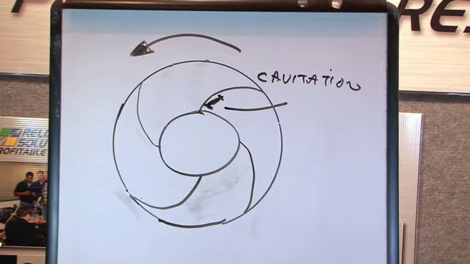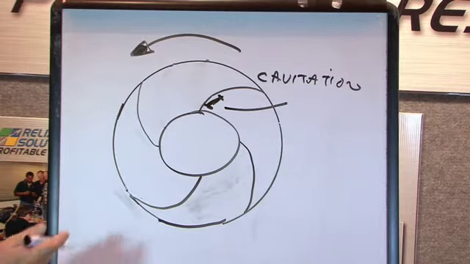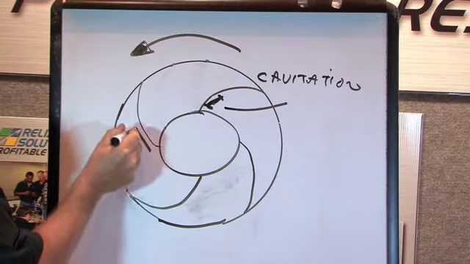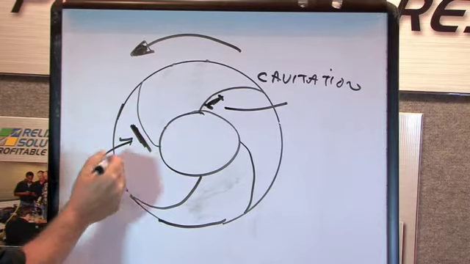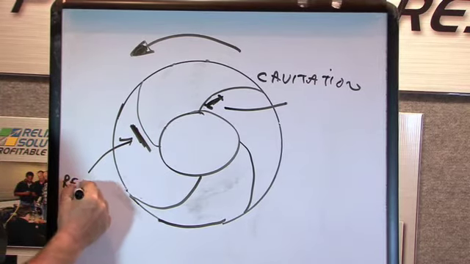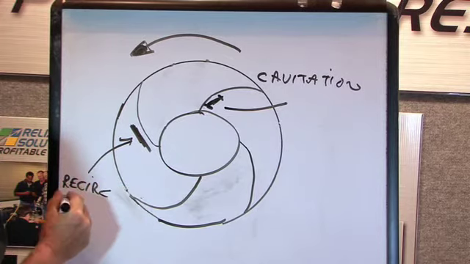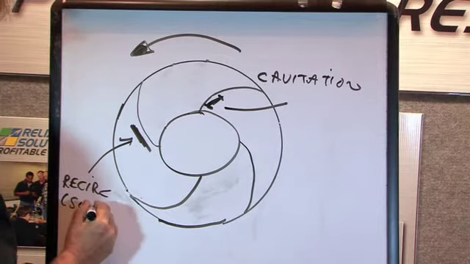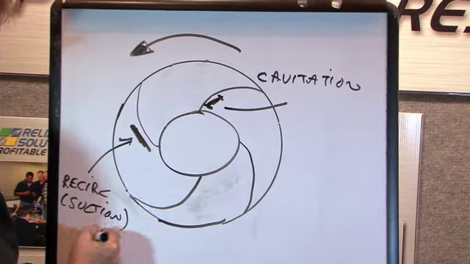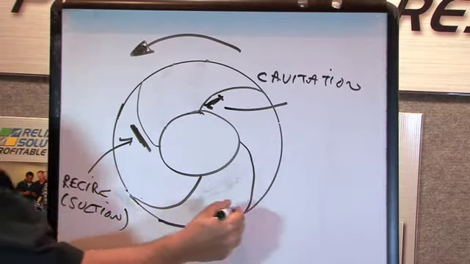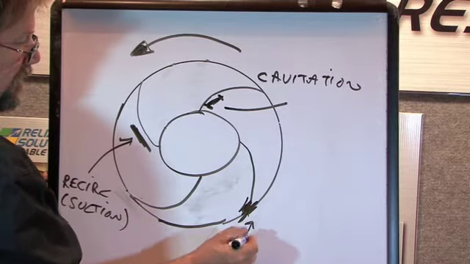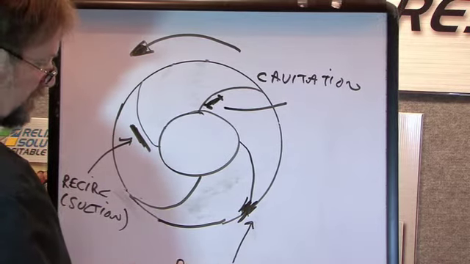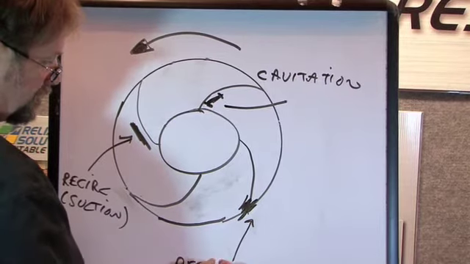If the damage is caused by suction recirculation because the pump is too far back on the curve, then the damage will be on the leading half, but on the outer part of the vanes. Suction recirculation. If the damage is on the trailing edge of the blades, in this area right here, this is caused by recirculation, but it is discharge recirculation.